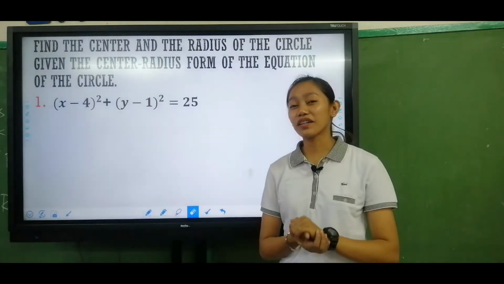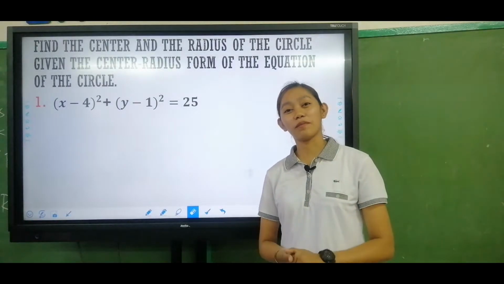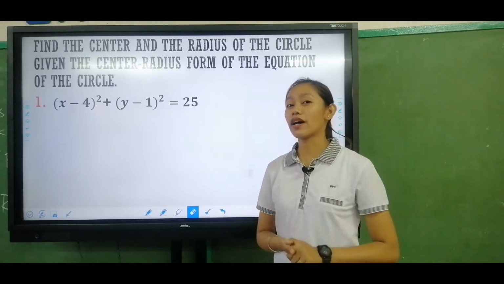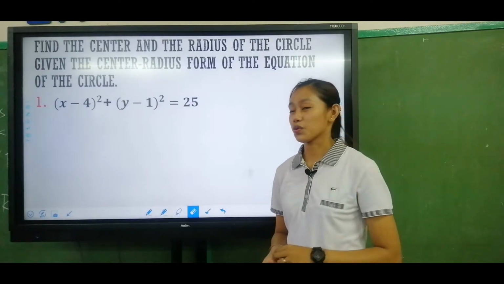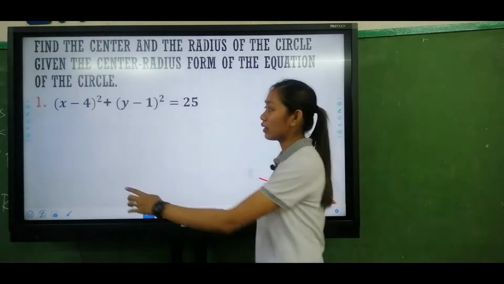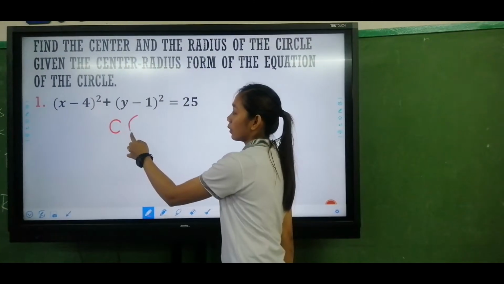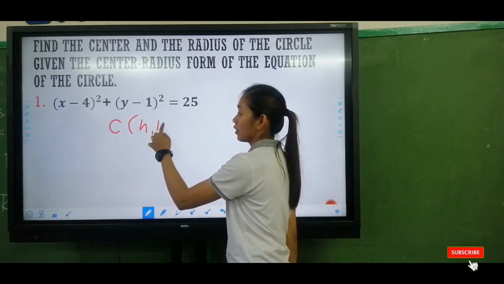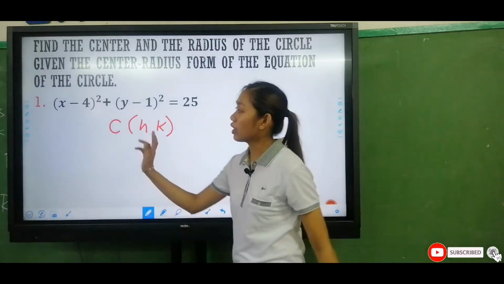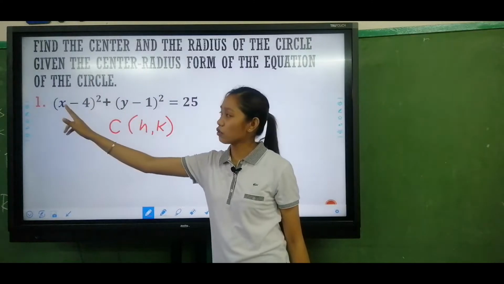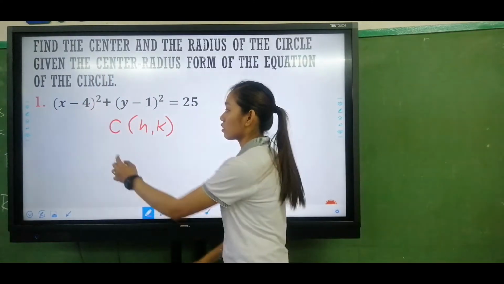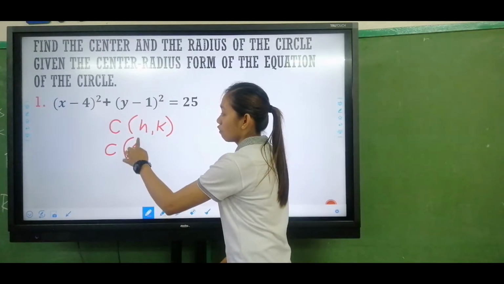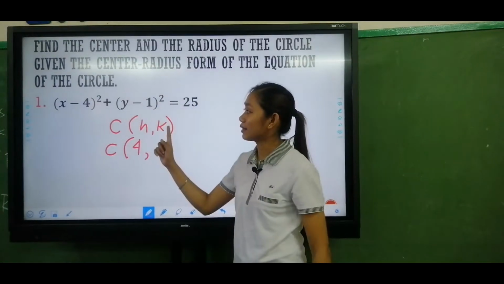What if the given is the center-radius form of the equation and we need to find the center and the radius of the circle? Again, let's go back to the formula. The center has the coordinates (h, k). So here, the center-radius form says x minus h. So this is your h now. The center is 4, k.